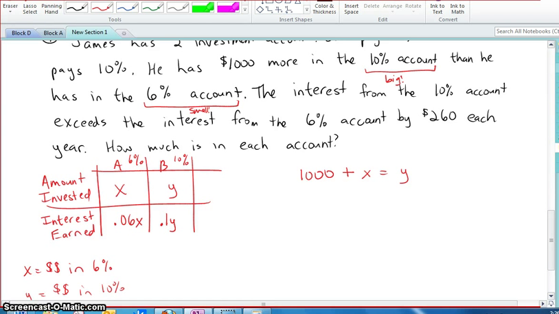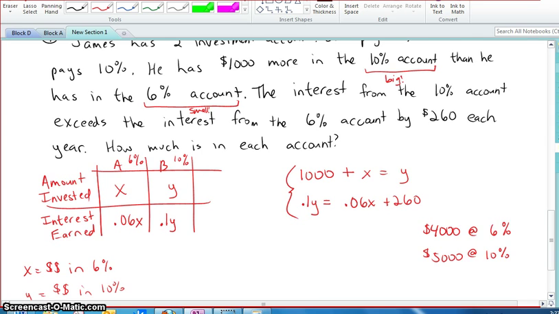So the 10% account is the bigger one. The 2 smaller things are 0.06x and 260. Should look like that. I'm guessing that you would use substitution, right? Because the y is already by itself. And after you do that, you should realize that you have $4,000 in the 6% account and $5,000 in the 10% account.